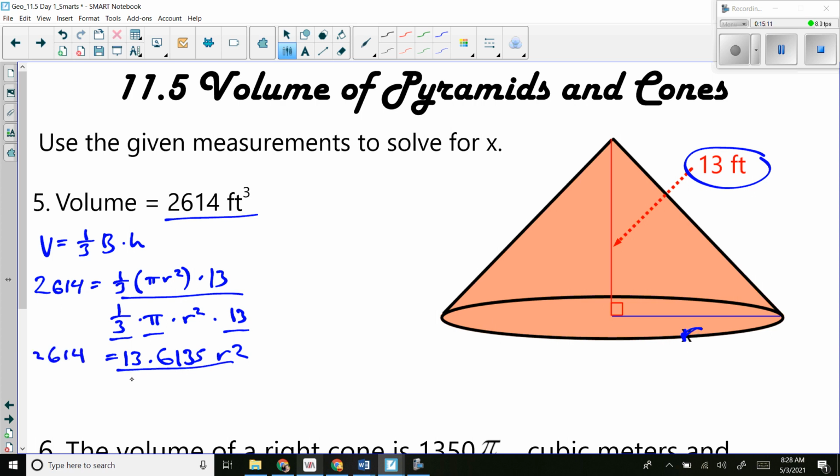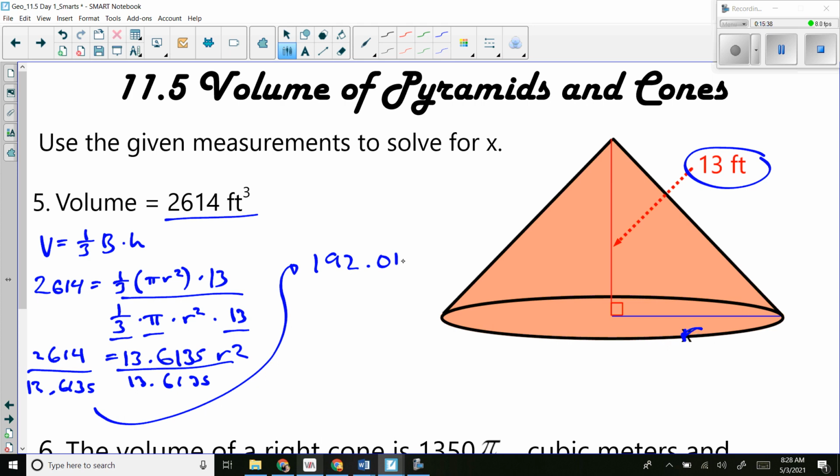And it still equals on the other side 2614. So if I divide by this 13.6135 number on both sides, I'm going to take 2614 divided by 13.6135. This gives me 192.01.